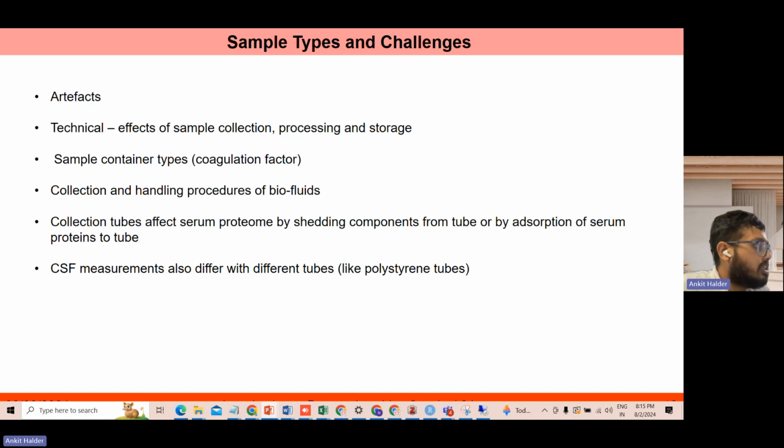That's why it becomes very, very important. Technical artifacts can be introduced from various places, such as the handling of these kinds of processes and samples.